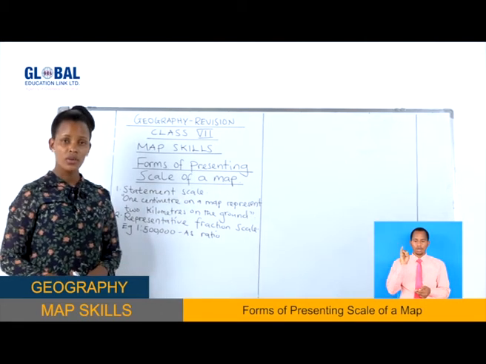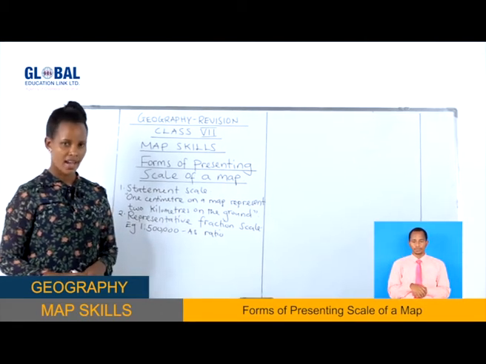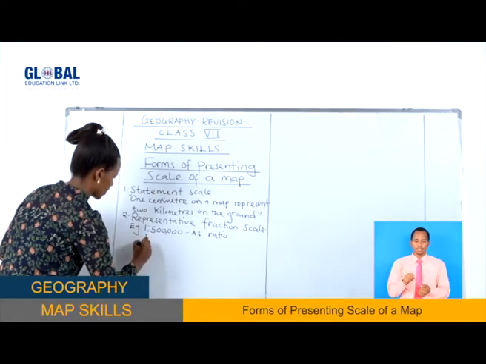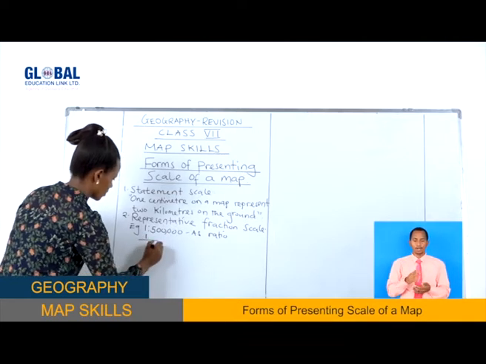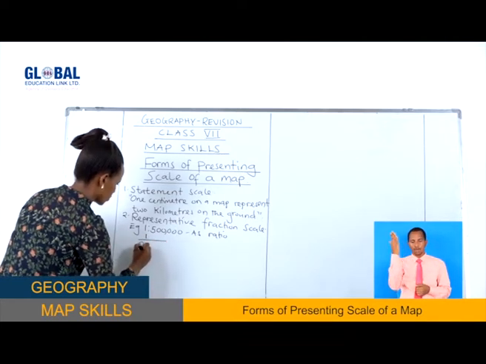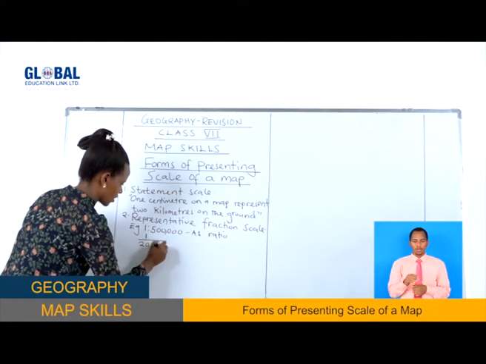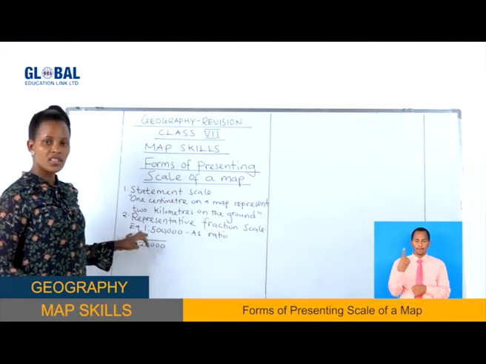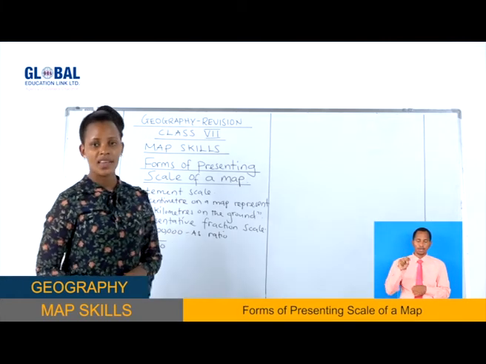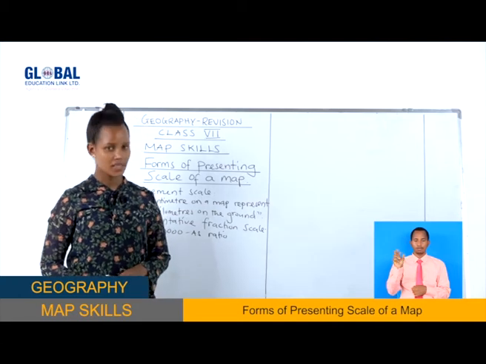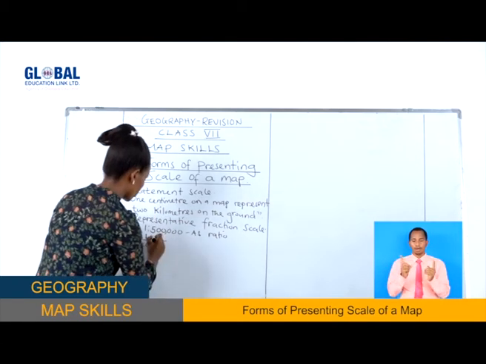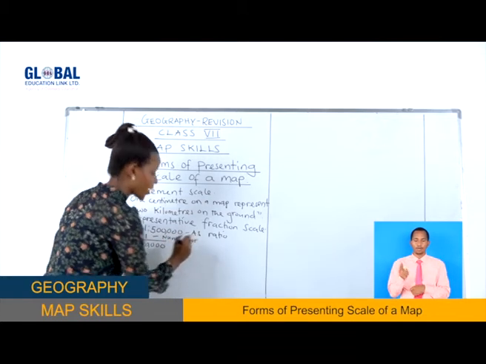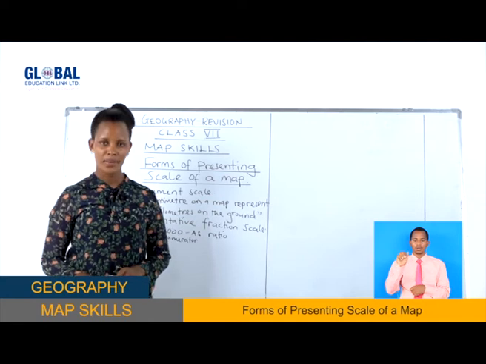RF scale also can be written as a fraction. So it can read like 1/20,000. 1, which is the numerator, stands for map distance.